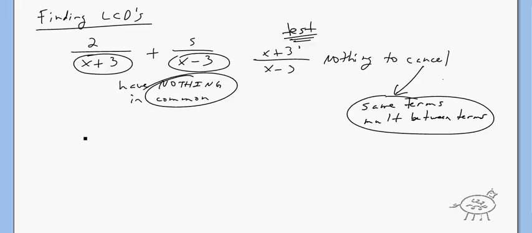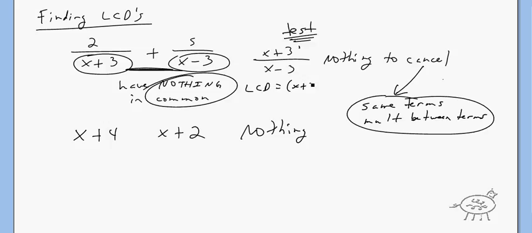What do x plus 4 and x plus 2 have in common? Nothing. I should have finished the earlier one: because these have nothing in common, your LCD is both terms, x plus 3 and x minus 3. If there's nothing in common, then both of them are your LCD.